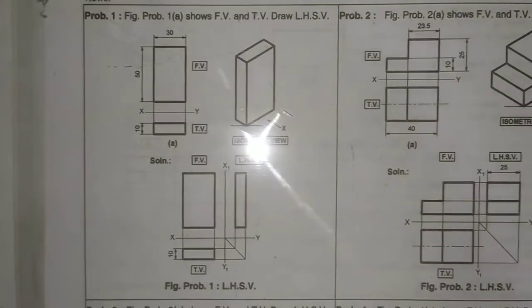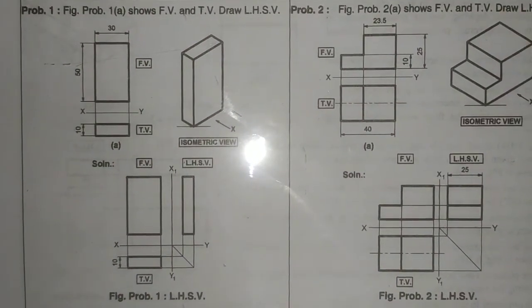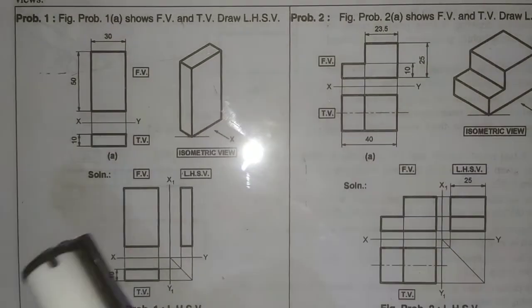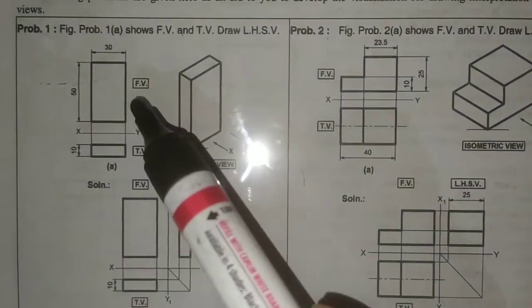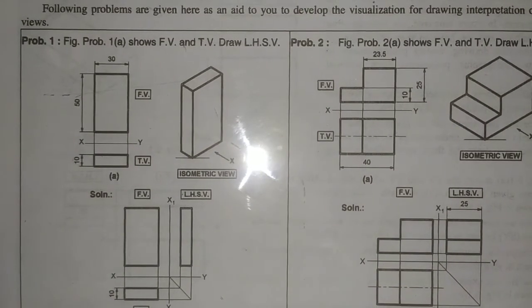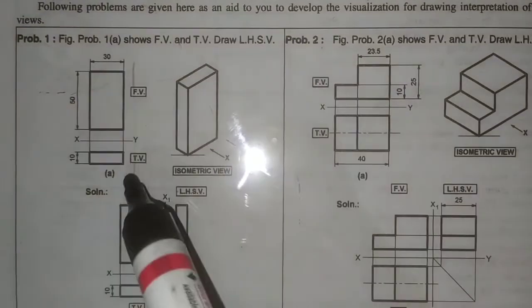In the first problem, the figure shows the front view and top view, and we have to draw the left hand side view. This is your question: this is your front view and this is your top view. They have given the dimensions and told us to draw the left hand side view, meaning on this side, the right side, we have to draw.